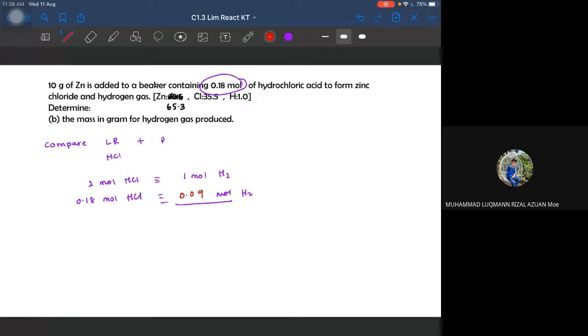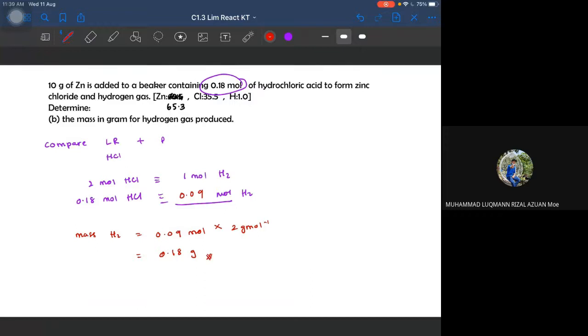Okay, so bila dah ada mole, boleh tak cari mass? Boleh. Mole, mass, molar mass. So nak cari mass, mole 0.09 mole times molar mass 2 gram per mole. So kamu akan dapat your answer 0.18 gram.